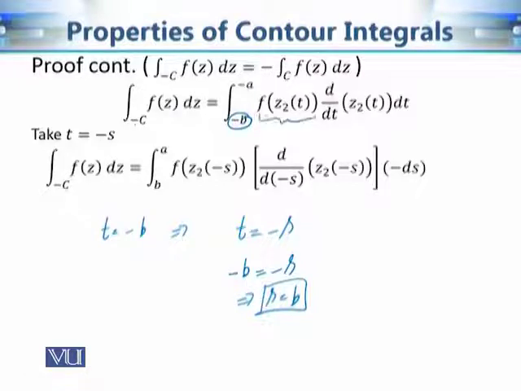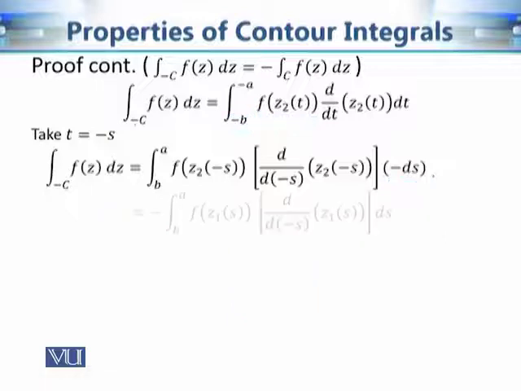Similarly, when we take t equal to minus s, it becomes f of z2 of minus s, and d by dt becomes d by d minus s of z2 of minus s, and dt becomes minus ds. Since t is equal to minus s, dt is equal to minus ds, so that's why we get this.